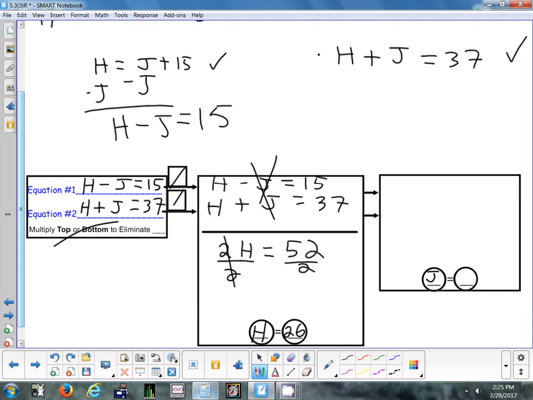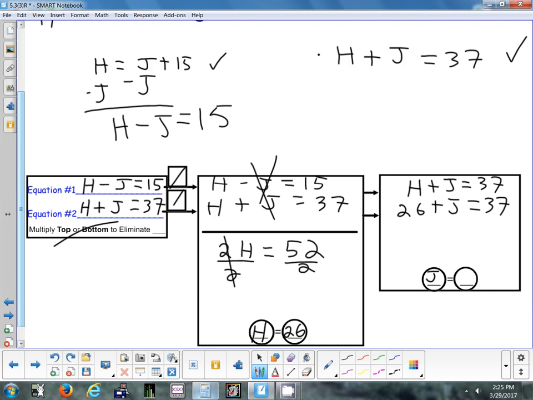Okay, Ashley, can you explain to me how I get Jim's age? What do I do? You use either problem. Either problem, doesn't matter. So you put the age with the answer: 26 plus J equals 36. She picked the second one. She's going to plug in 26 for Harry.